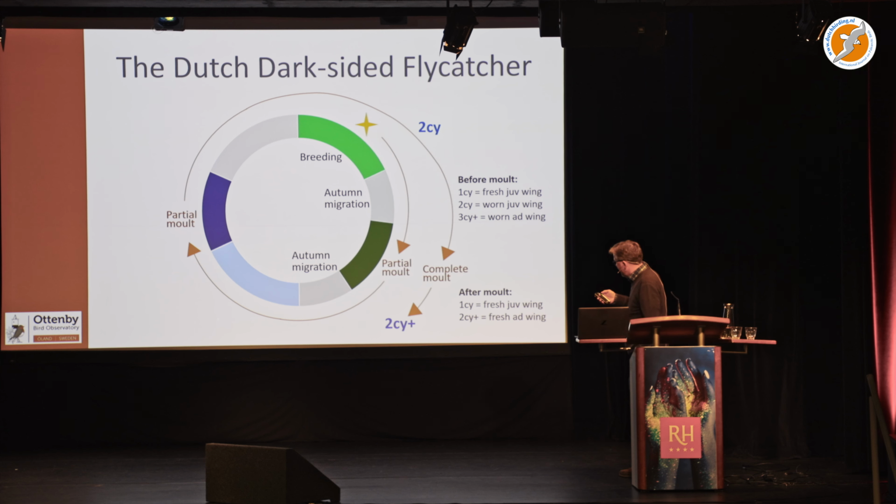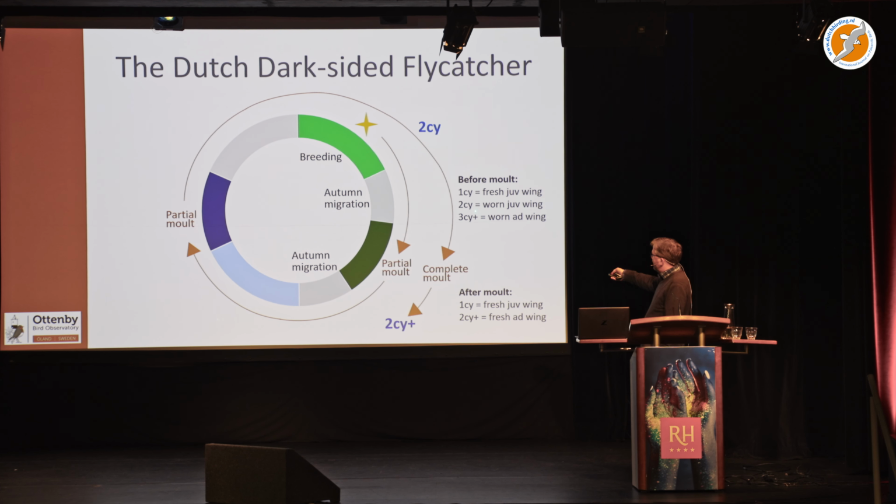If we then apply some logic to this, it means that before the complete molt, we have 3 different age categories that we can separate. We have the young bird here that has a very fresh juvenile wing. We have the second calendar year here that shows a juvenile wing as well, but it's very worn.